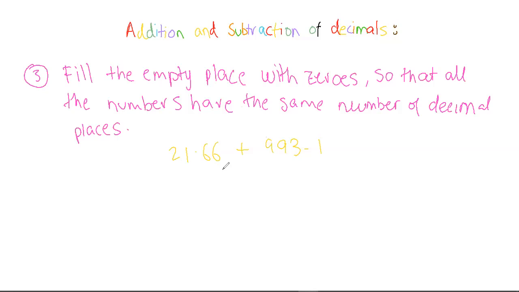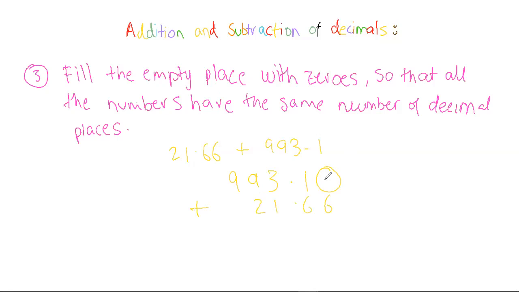In this case it is addition, so we can take thankfully any number. So let's take 993.1, leaving some spaces between the numbers so that there is ease of calculation, and then we'll add it with 21.66. Now what this rule emphasizes is to fill the empty place with zeros.